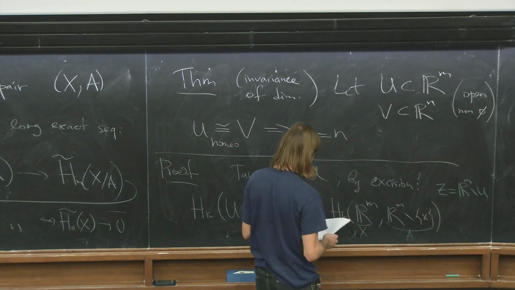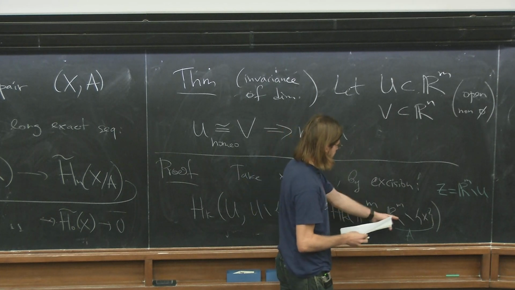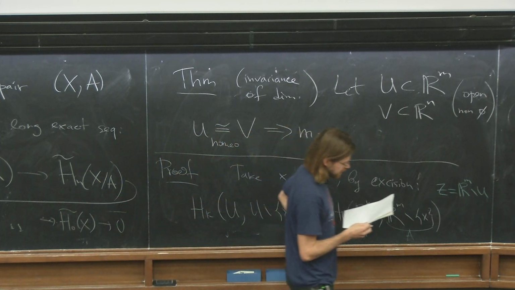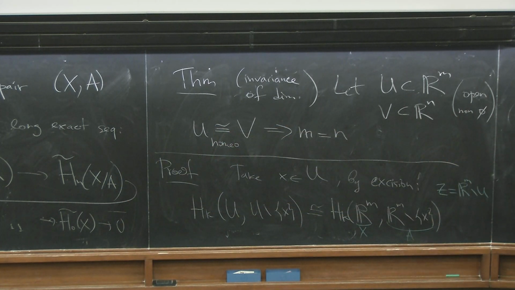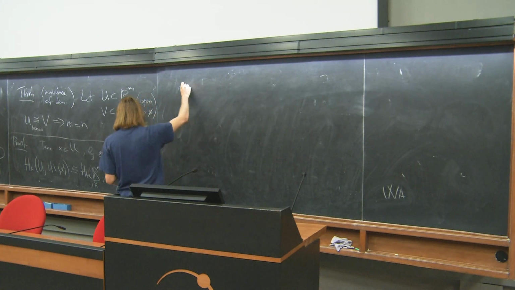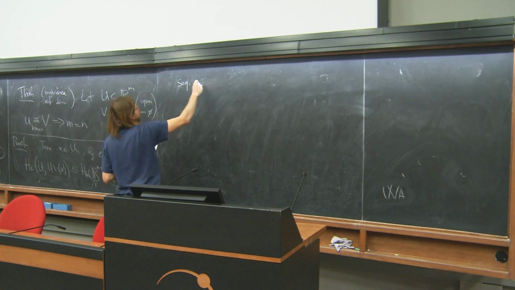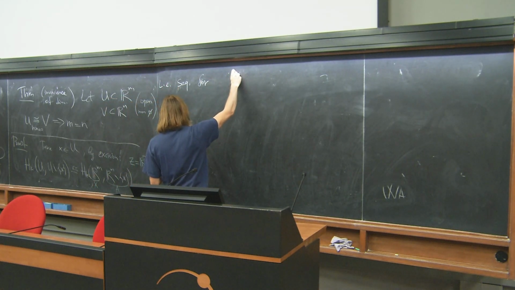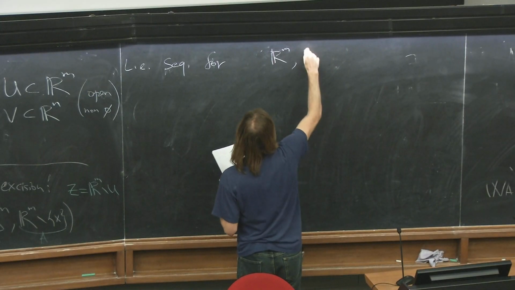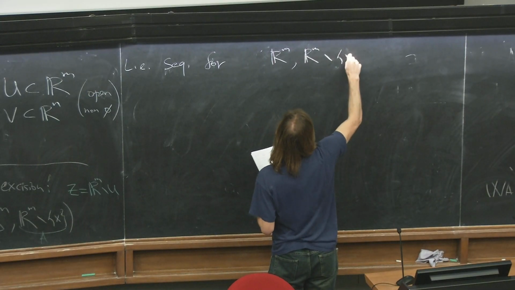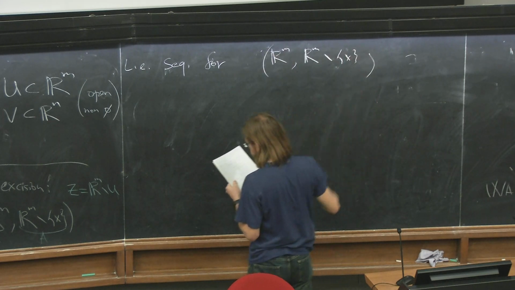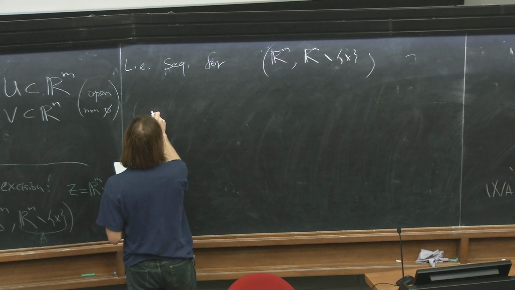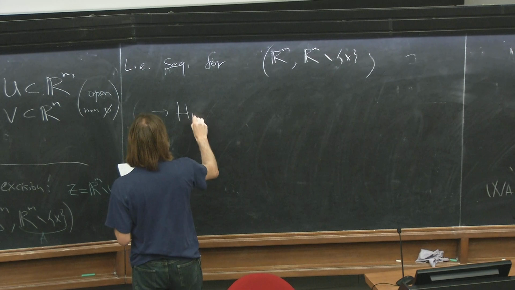Now for this pair X and A on the right-hand side, let's consider the long exact sequence for our pair, Rm and Rm minus a point.